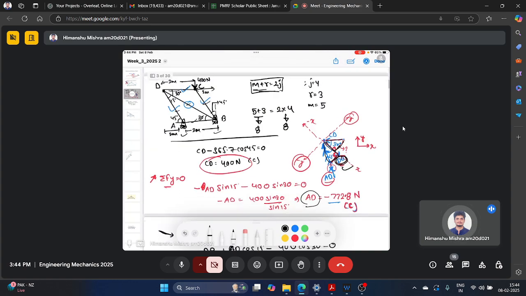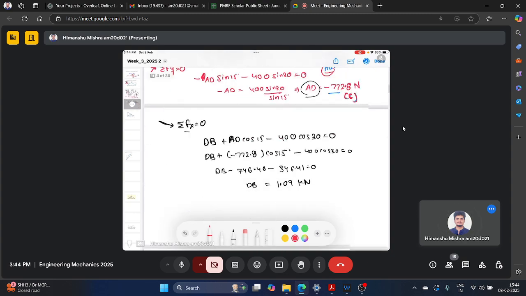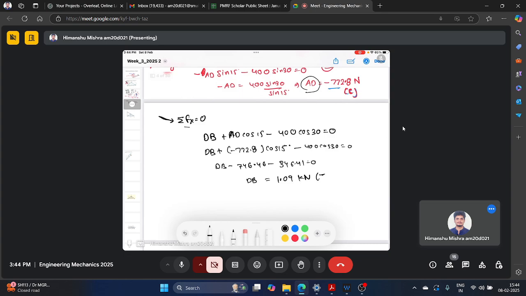And the direction of DB here we assumed away from the joint. This is the assumed direction for DB. This is away from the joint, so this is the tensile force.